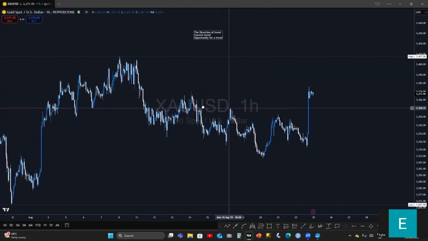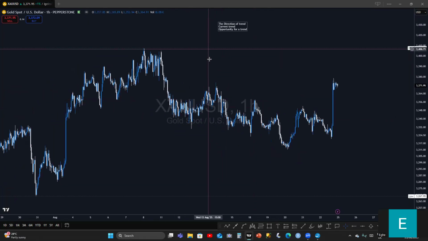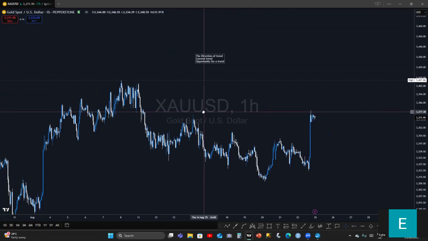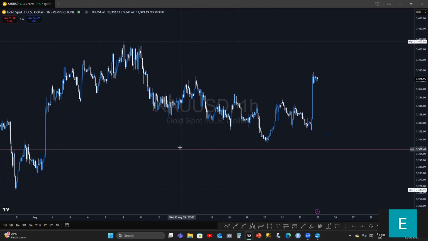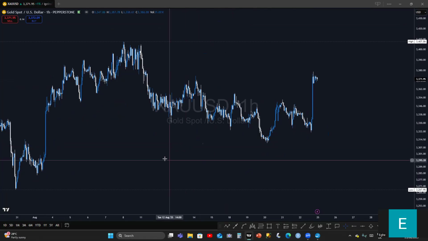So first and foremost, we are going to do this top-down analysis, and by so doing, we are going to start from the higher time frame. Can you still remember what time frame is all about? That means it has to do with the different time frames for trading now, right?